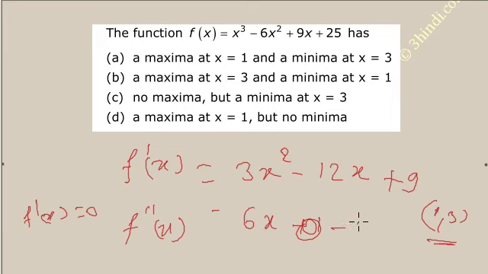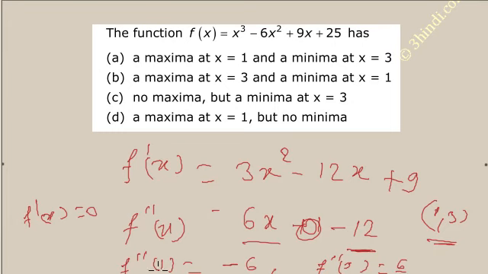f double dash x is equal to 6x minus 12. If you put 1, f double dash 1 is equal to minus 6, and f double dash 3 is equal to 6.